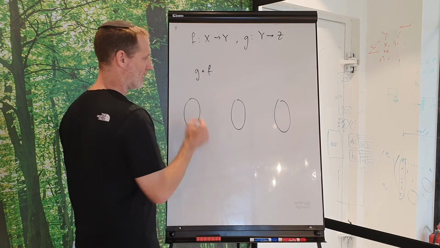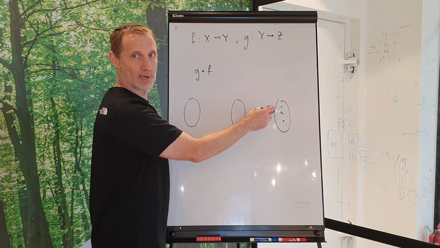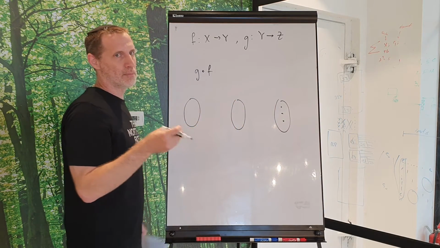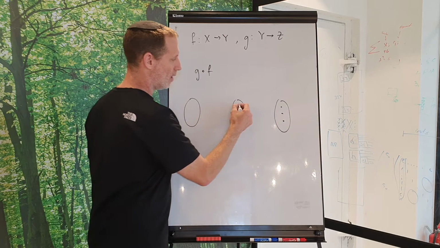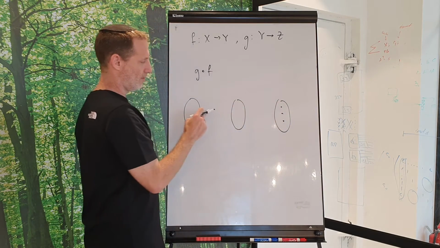If you're surjective here, maybe you need all the arcs here in order to cover this, right?